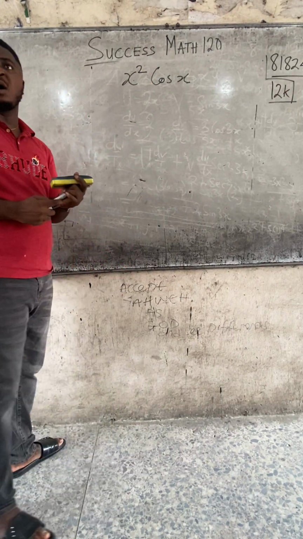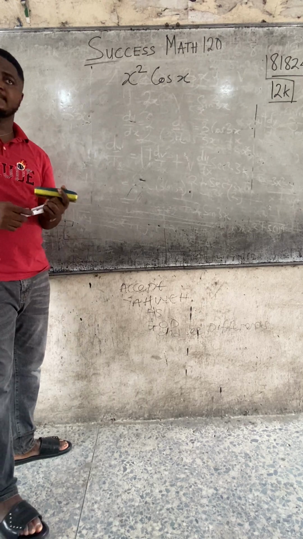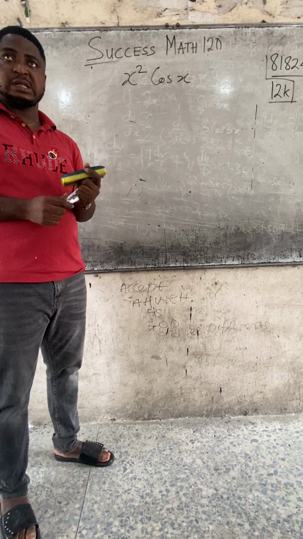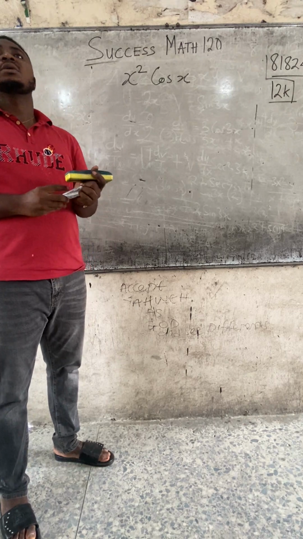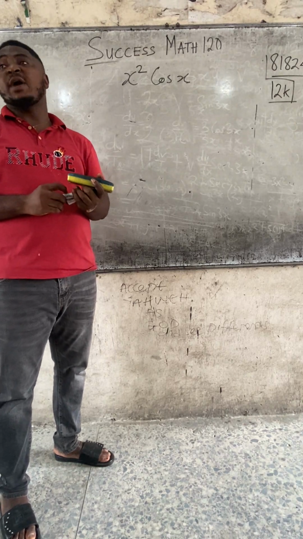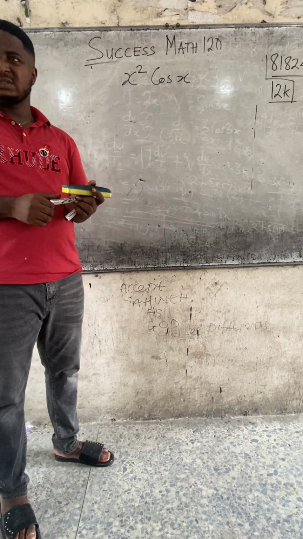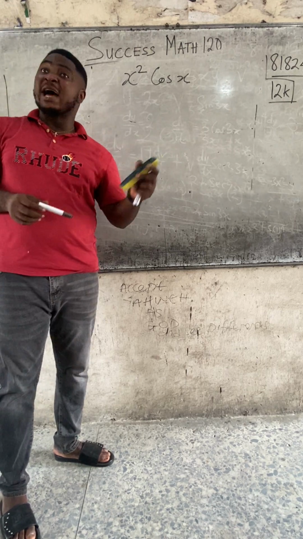Differentiate x squared cos x. But this one will also go down with the product rule.